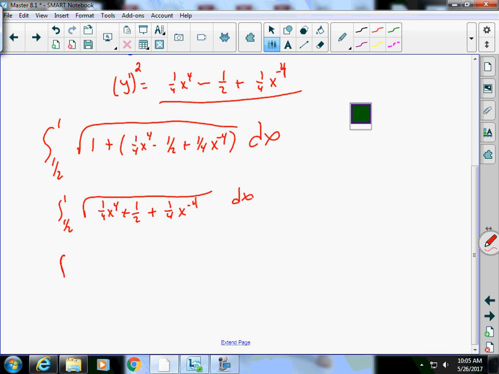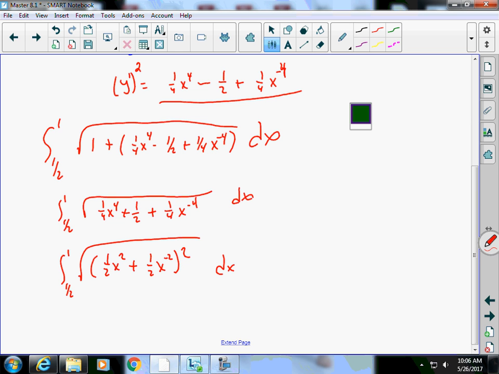And this is definitely one of the problems that would work out very nicely. This is actually, sorry, not sum of squares, it's a perfect square trinomial. So this factors as the square root of 1/2 x squared plus 1/2 x to the minus 2, squared, dx.